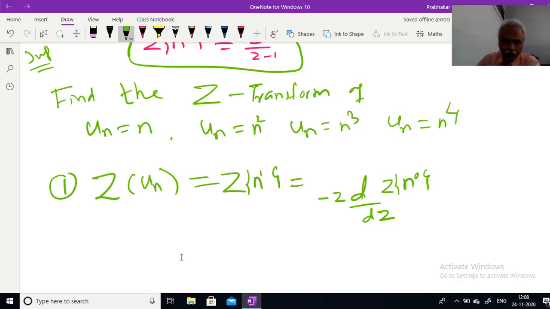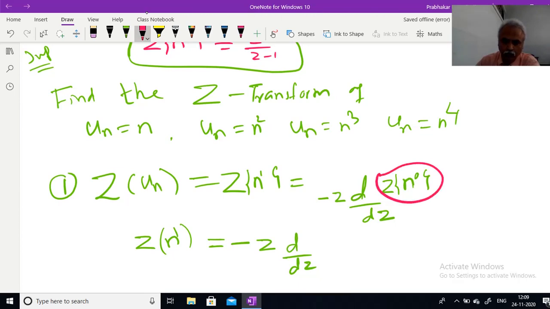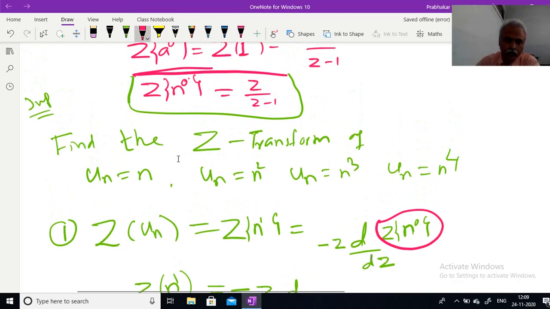So what we are going to get? Z transform of n raised to 1. We shall get used to this by one or two examples. Minus z d by dz of. What is the Z transform of n raised to 0?